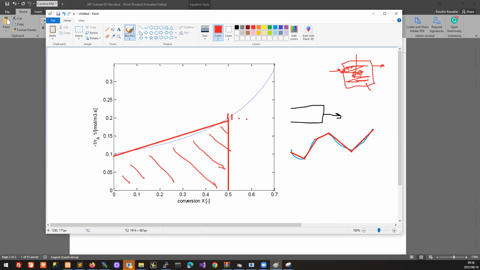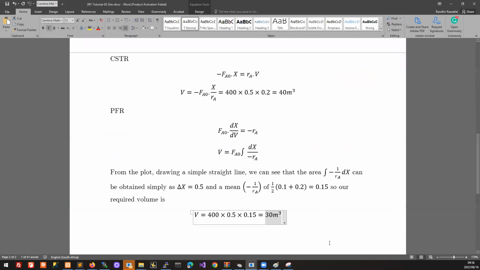And that means you're stuck to the same low rate everywhere. Whereas in the PFR, near the entry point, you've got a nice high concentration of A. And so you can enjoy a higher reaction rate over here. And so overall, you get better use of your space, or you can do the same thing in a smaller space. Okay, any questions or comments there?